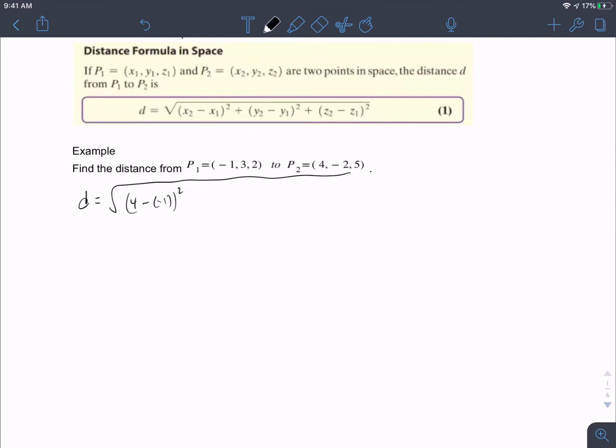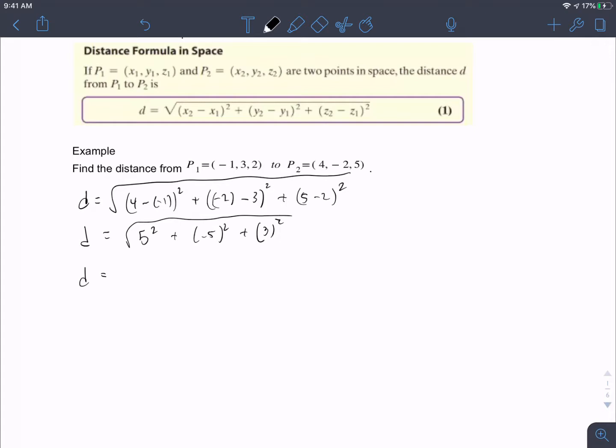That quantity squared, that's the x's, right? The 4 minus the negative 1, plus the y's. So it's going to be negative 2 minus 3, that whole quantity squared, and then plus 5 minus 2, that quantity squared. So that's going to give me a distance of 5 squared plus negative 5 squared plus 3 squared, and that's still under the square root.